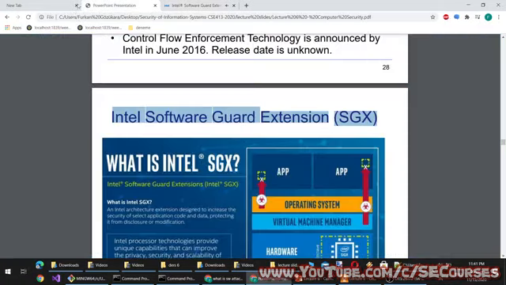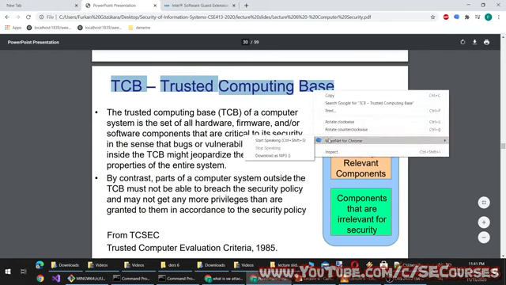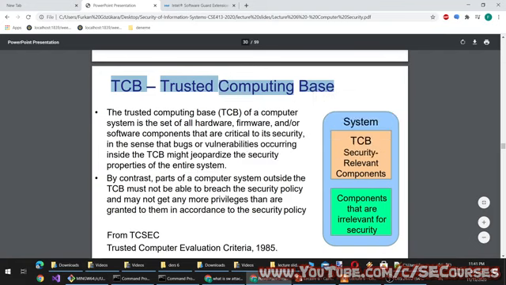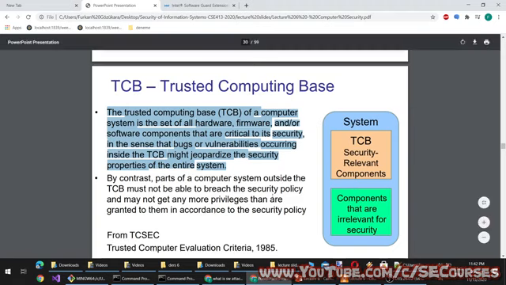Okay, so let's continue. TCB, Trusted Computing Base. The trusted computing base (TCB) of a computer system is the set of all hardware, firmware, and/or software components that are critical to its security, in the sense that bugs or vulnerabilities occurring inside the TCB might jeopardize the security properties of the entire system.